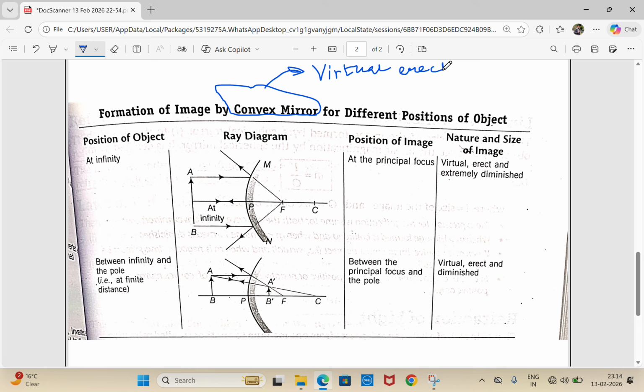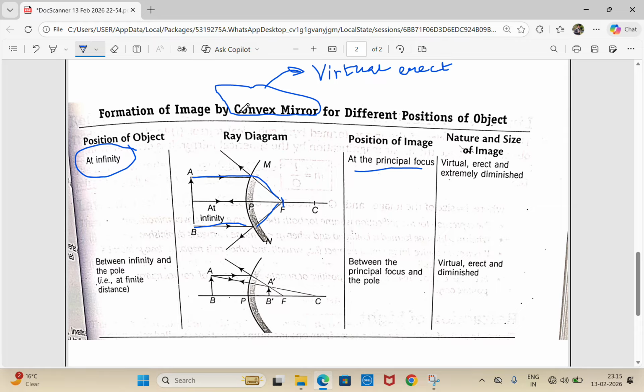One is when the position of the object is at infinity, then the image will be at the focus, on the opposite side at the principal focus. You can see that the rays are coming out, and at the focus it is creating a highly diminished image.